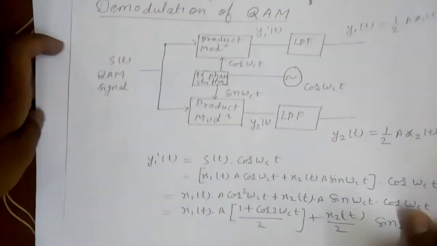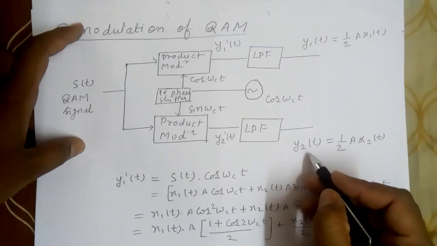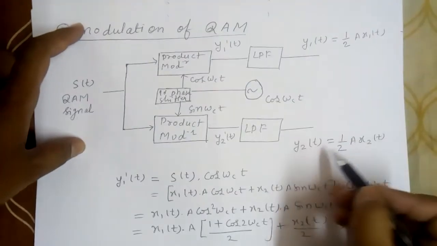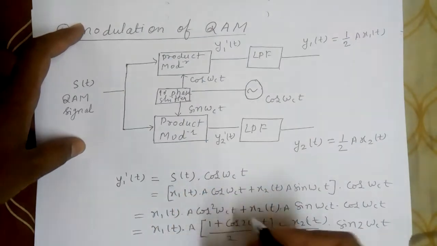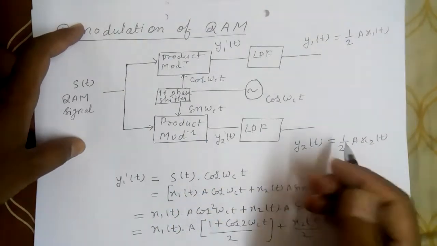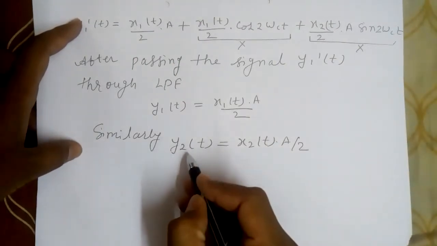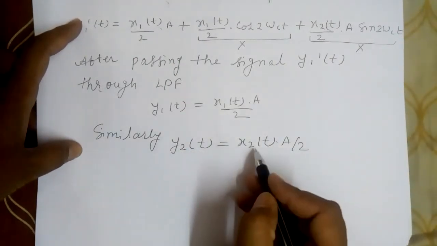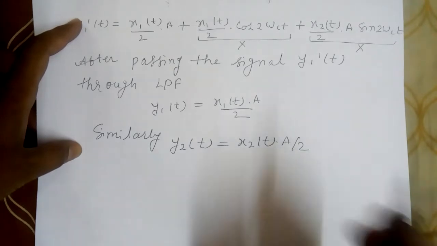So here already we have written the value of y1t and y2t. By adopting the similar procedure, we can calculate the value of y2t as we have directly written here, y2t equal to x2t into a by 2.